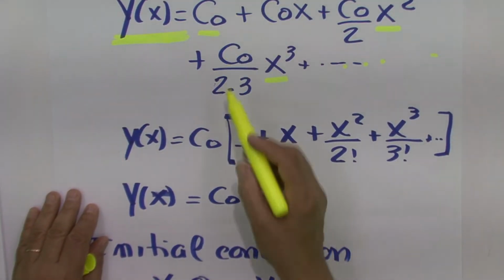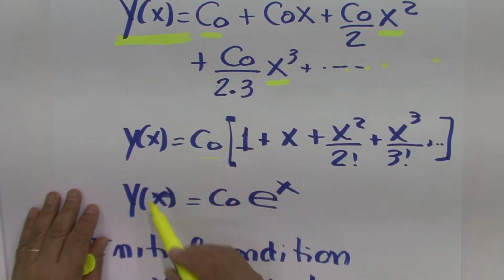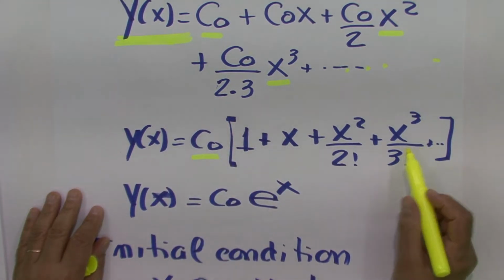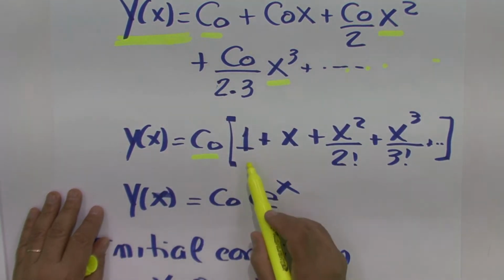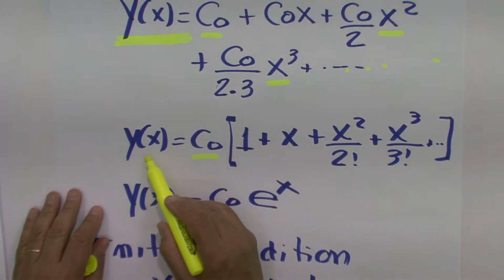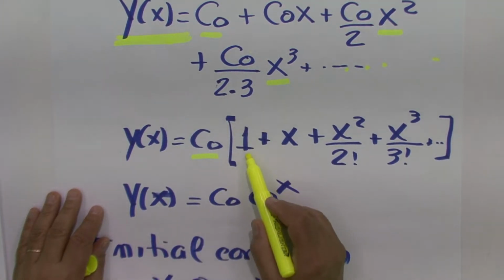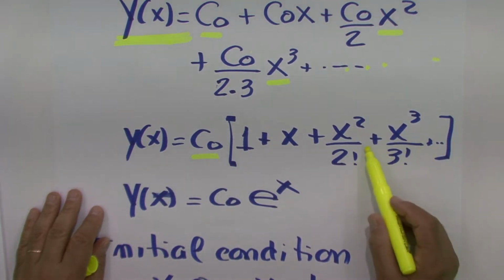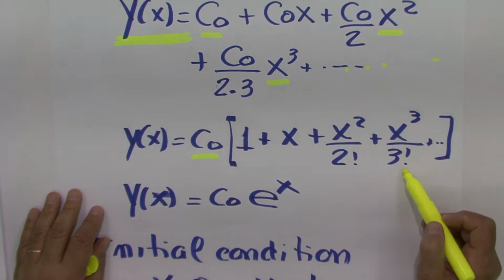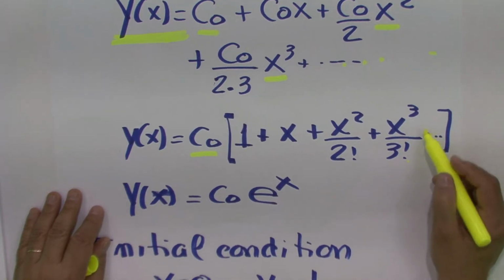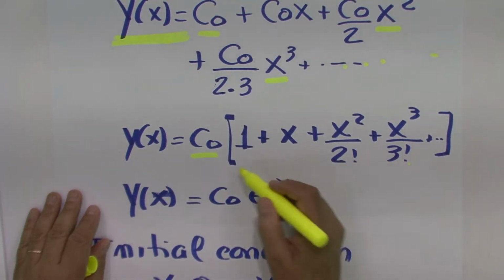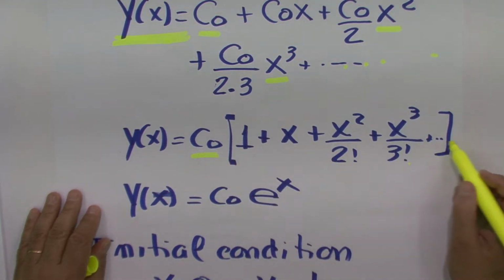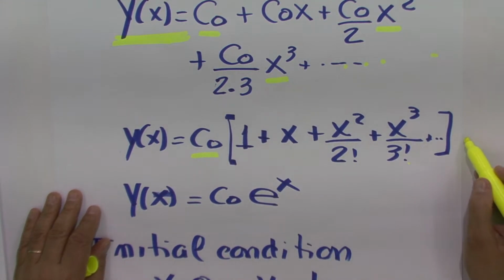I'm going to put C0 in evidence, multiplying everything. So y of x is equal to C0 times 1 plus x plus x squared divided by 2 plus x cubed divided by 6, which is 3 factorial. And I could see that this is true for any other term of the series you go.